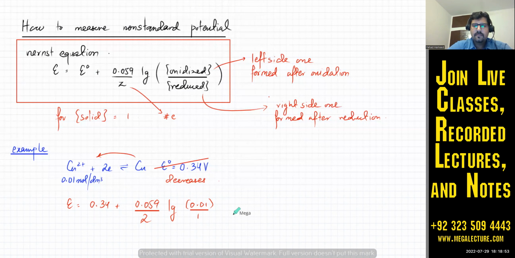The 0.059 is just a constant. You don't have to understand the equation. It's just an equation that, based on the concentration of the two species, tells you the new potential. So what is the new potential? Has anyone calculated this?